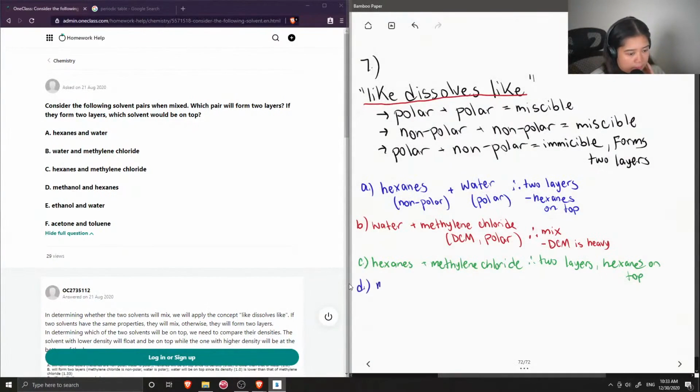D, methanol plus hexanes. Methanol is polar, so therefore, they will also form 2 layers. I believe hexane will still be on top.